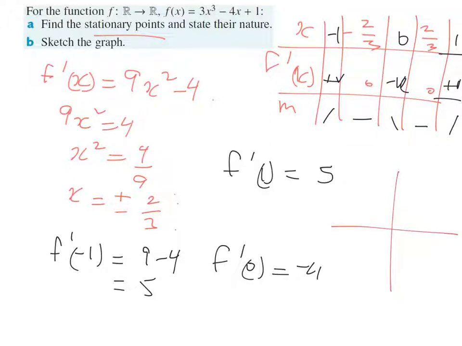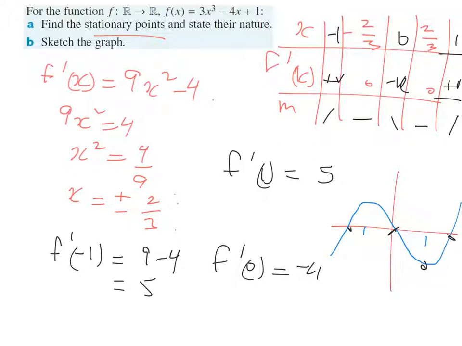And it's going to kind of follow that pattern. So I'm going to have a turning point here at negative 2 over 3, then another turning point at 2 over 3. And what we do, we just go something like that.